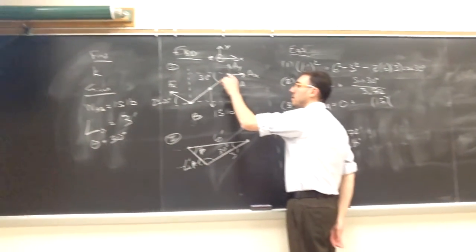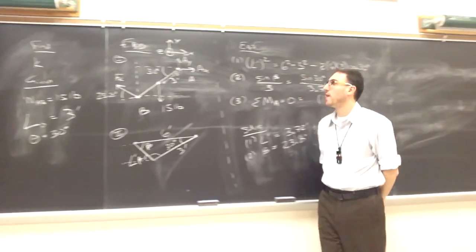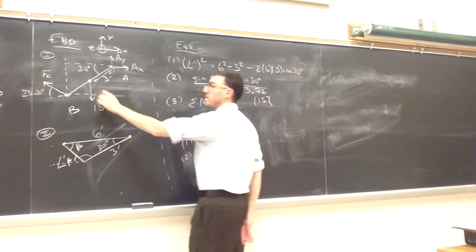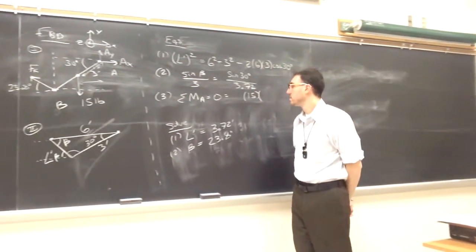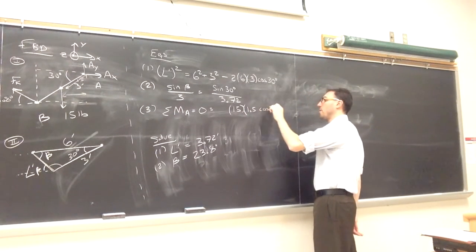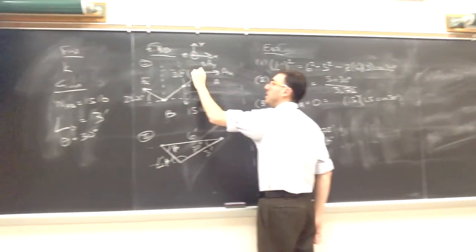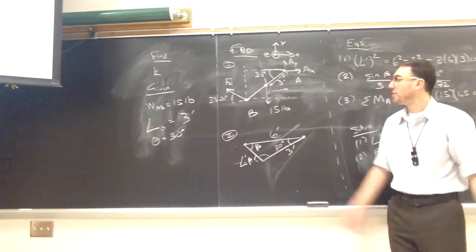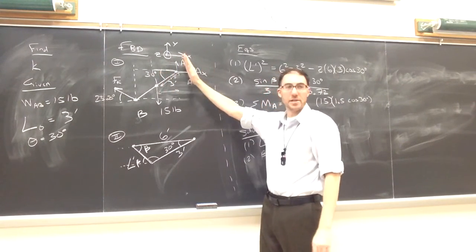This distance is 1.5, but that 1.5 is not the perpendicular distance between the weight and A. Right, 1.5 cosine 30 gives us just that distance here. So that's going to be the perpendicular distance between this vertical force and A.